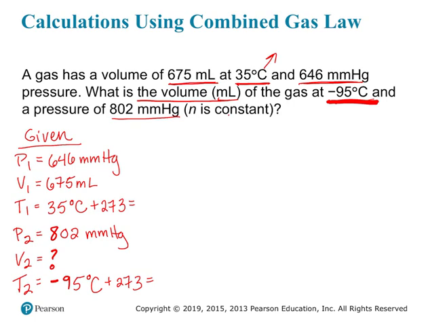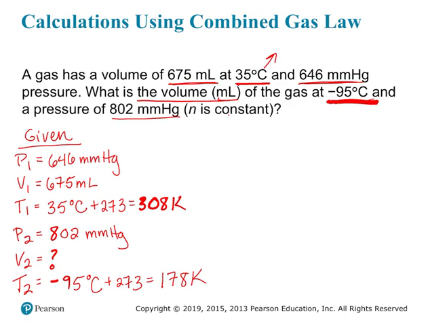And if we use that value, we're going to end up with a negative volume, which isn't possible in this scenario. So we definitely want to use Kelvin. All right, so let's figure out our new temperatures in Kelvin. So for T1, I get 308 Kelvin. And for T2, I get 178 Kelvin.